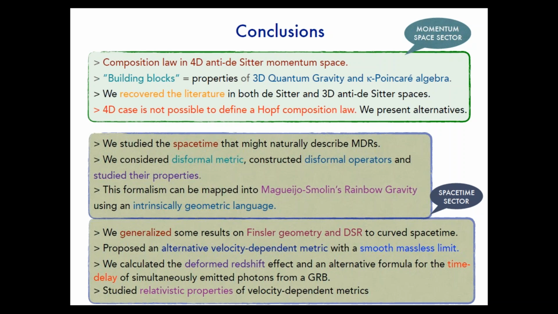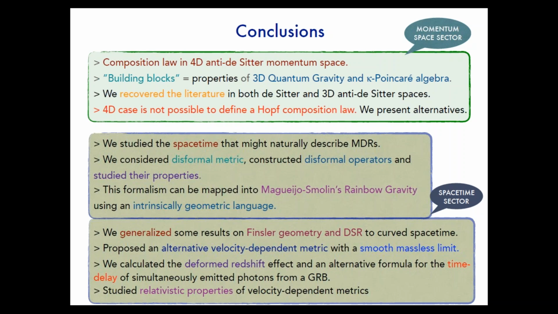And we also presented some alternatives. In the second part, we worked on the space-time sector, where we managed to build a bridge between Magueijo-Smolin's rainbow gravity and this Finsler metrics community. And we also studied group structure and all the interesting algebraic results that we discovered there.